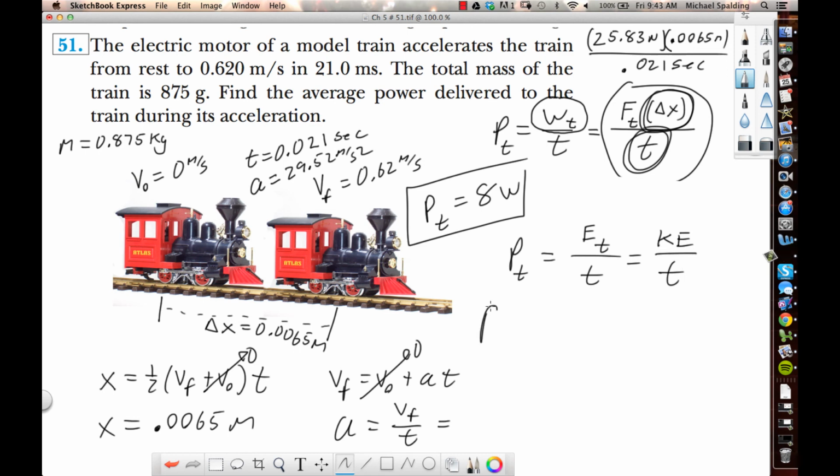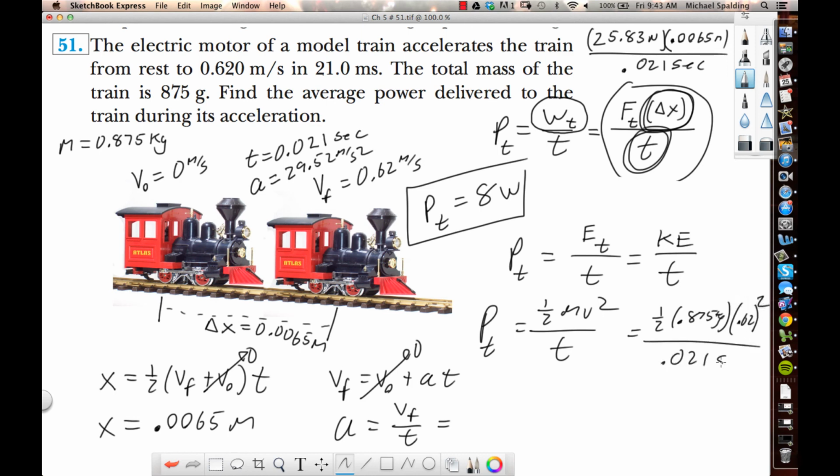So power of the train is 1/2 m v squared over the time: 1/2 times 0.875 kilograms, V final is 0.62, squared, and the time is 0.021 seconds. The power of the train, again, is 8 watts. So you could do it that way too.